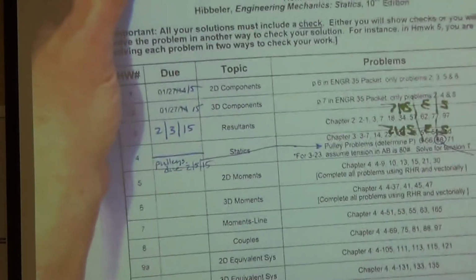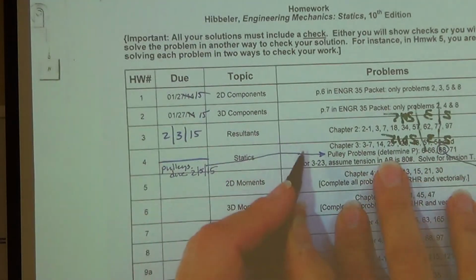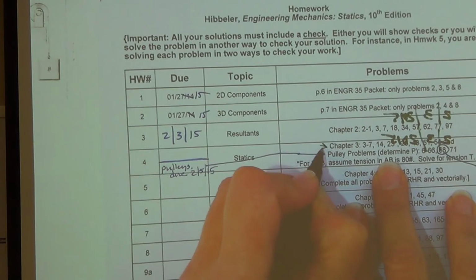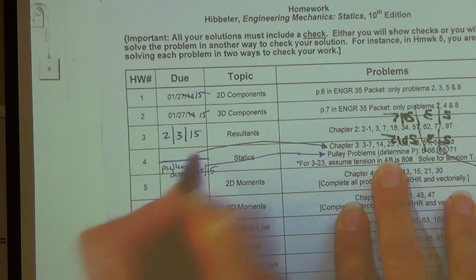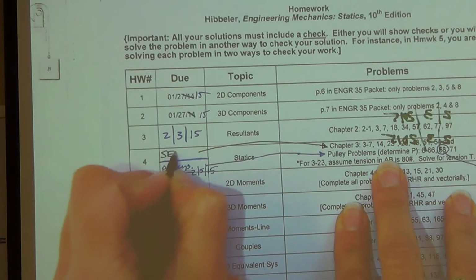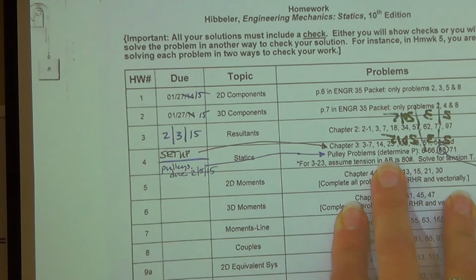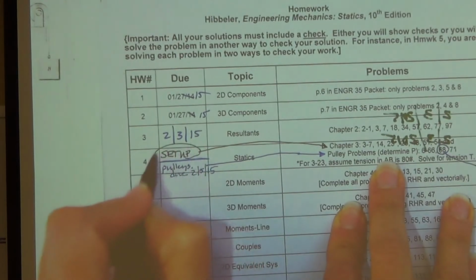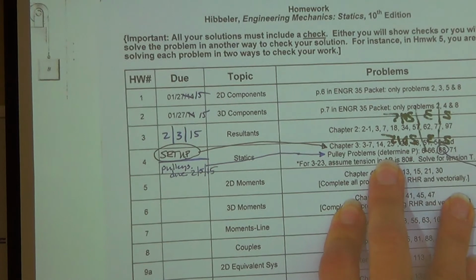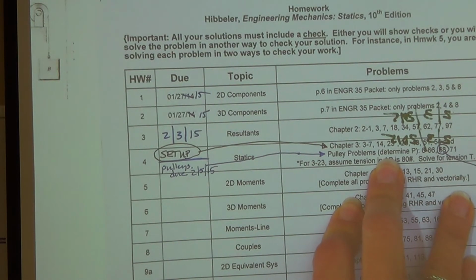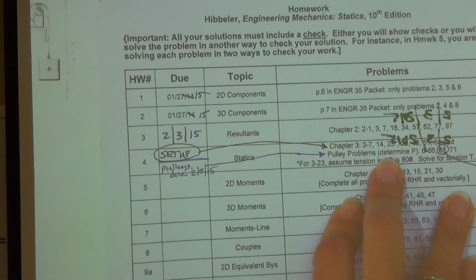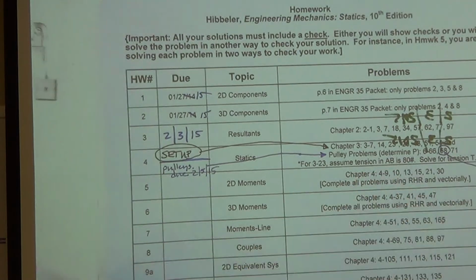What I would like to do is, I don't want you to do all the problems yet, because we haven't done a lot of problems, but we have done a lot of setup. So I want you to set up each one of these problems. And what does that mean? One page per problem, because you're going to come back and finish the problem.